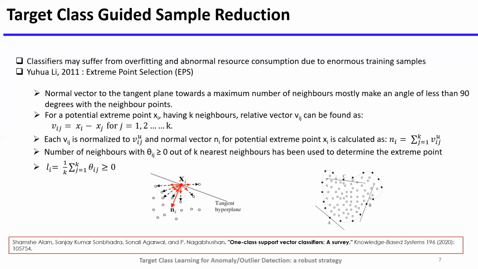As we have seen, the objective of target class learning is to identify whether the incoming sample is an anomaly or belongs to the target class.